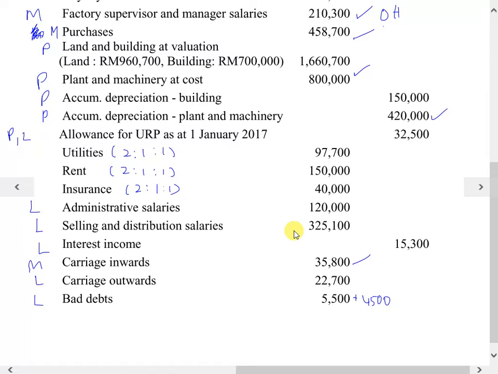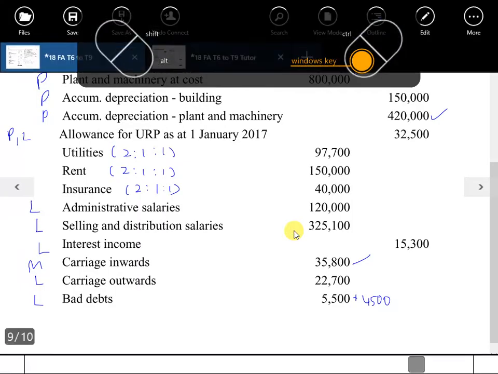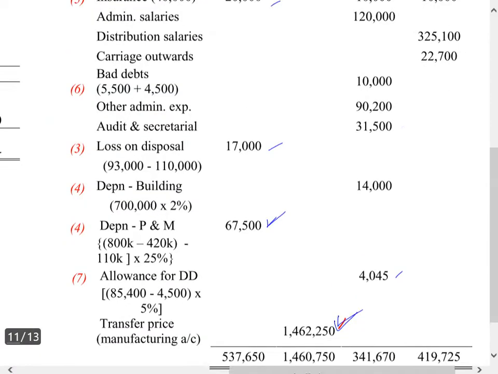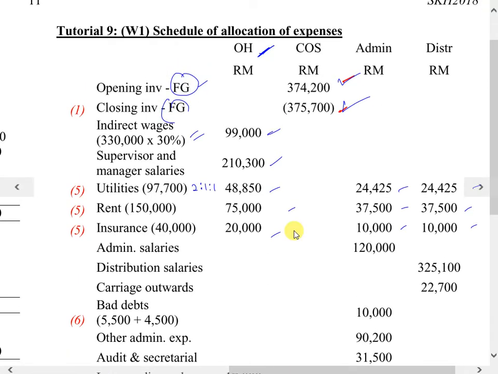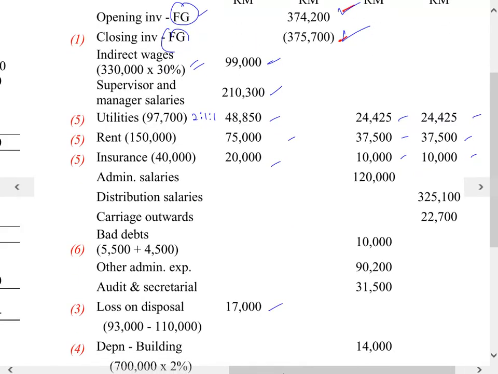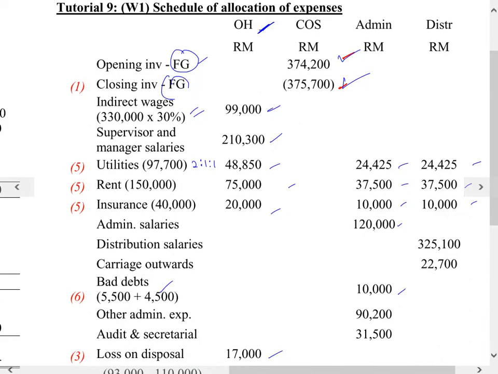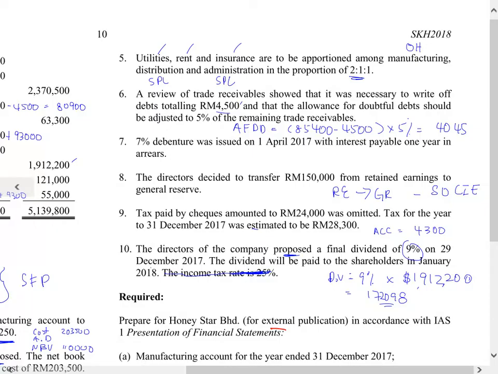Here. Admin expenses. We have a bad debt 55 plus the 45 write off. Put it under admin. Okay. Then we have to make a provision for doubtful debt on the remaining balance. So 85,004, write off 45. The remaining balance I'm going to provide 5%. So doubtful debt will be 4045.